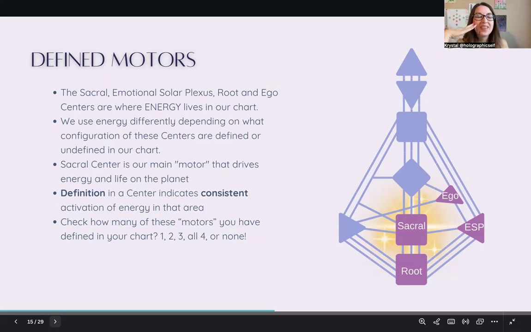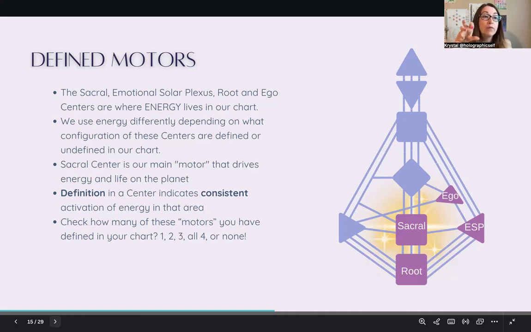And then there are also three lesser motor centers, the emotional solar plexus. So if you have emotional authority, if you've seen that in your chart, about half the population has that. And so that means you have a defined emotional center. That's another motor. The other ones are the ego center and the root center.